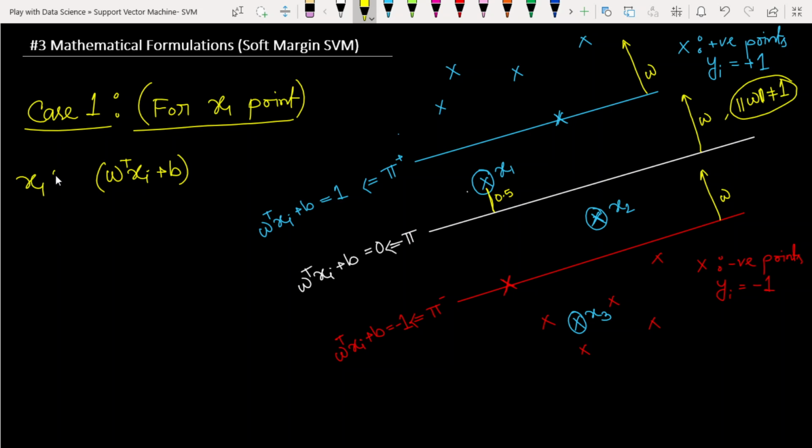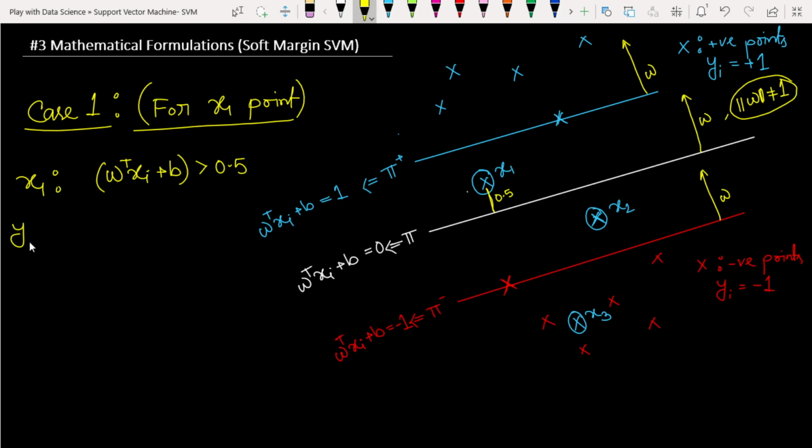Obviously it is positive, because the direction of W and the direction of the point x1 from the plane pi are the same. So this value will be 0.5.